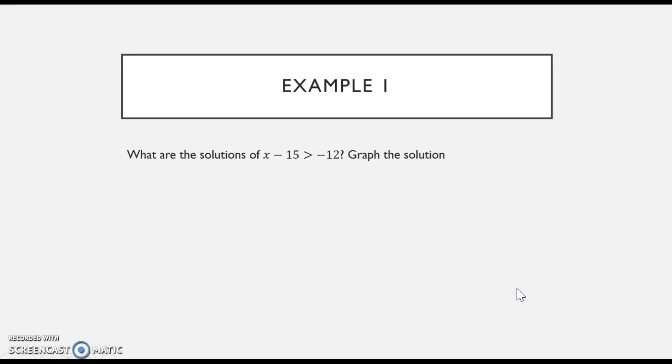So we have a first example. I'm going to rewrite this so that we can see it and it's not lost in the words. X minus 15 is greater than negative 12. So I want to know what x minus 15 will have us still greater than negative 12.